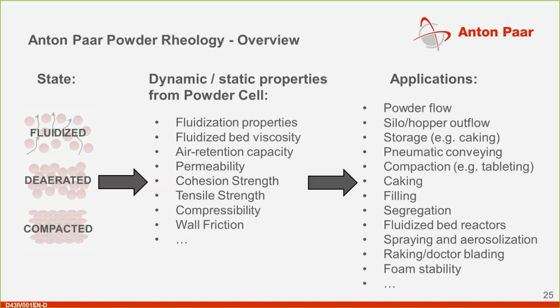It's possible to study caking. So how will the sample compact over time? What else can be designed? It can be used for pneumatic conveying, for tableting, to optimize filling, to avoid segregation, or at least to study how segregation will take place in the sample. So there's quite a large range of applications.